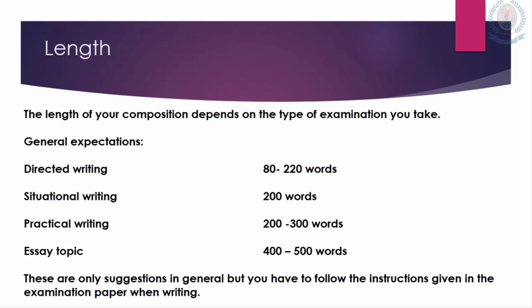Then you have to decide if you are writing a directed composition, directed writing, the general expectation is 80 to 220 words. These are only a rough idea. Don't depend on these word counts seriously. Then if you are writing a situational composition, you are expected to write nearly 200 words.